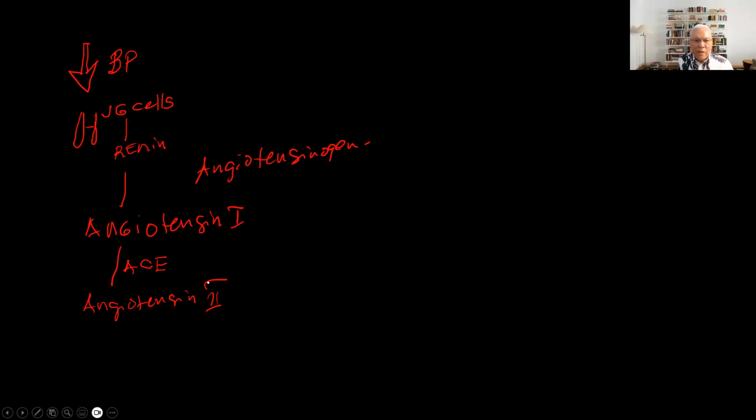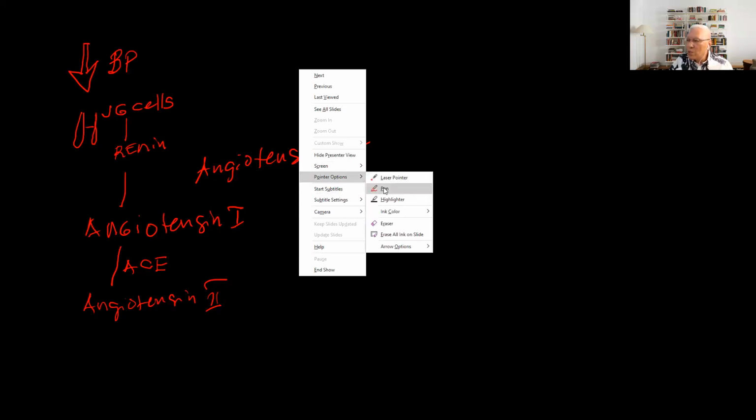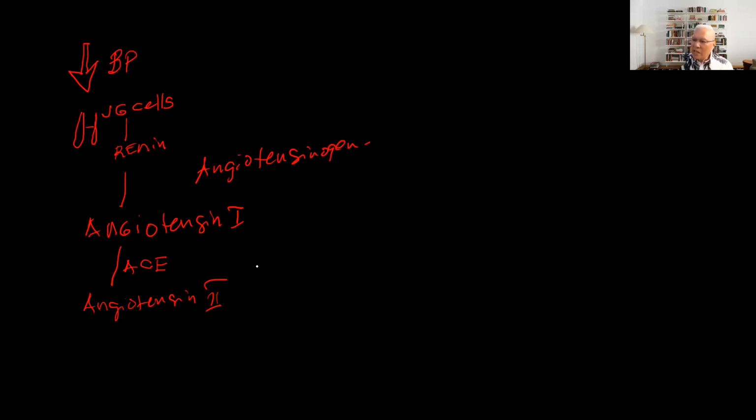All right, whenever angiotensin 2 has formed, it will now cause several reactions. One of the most significant reactions is that angiotensin 2 causes vasoconstriction. We all know that when vessels are vasoconstricted, the result on BP is that they increase the blood pressure.